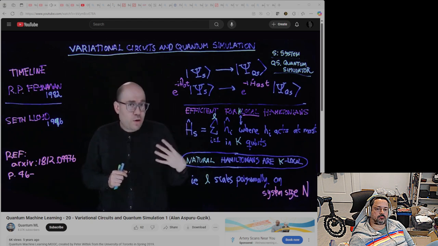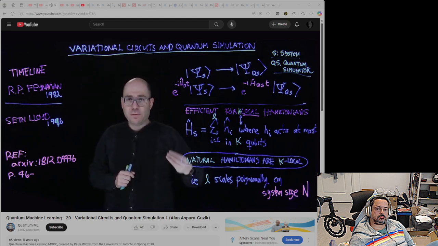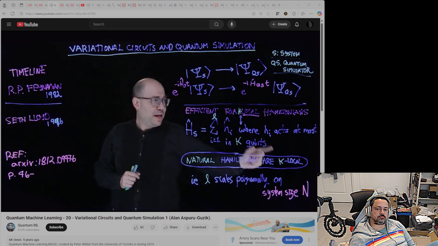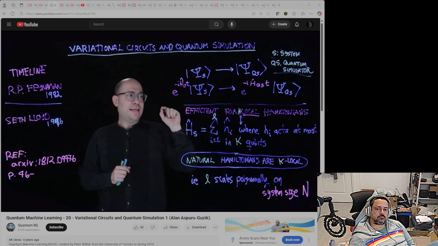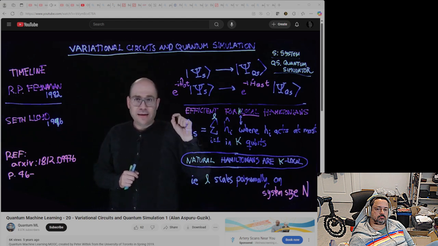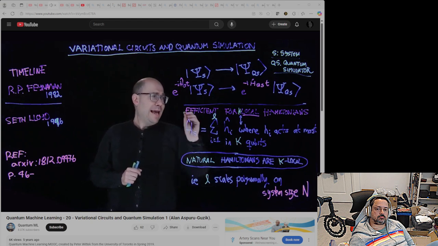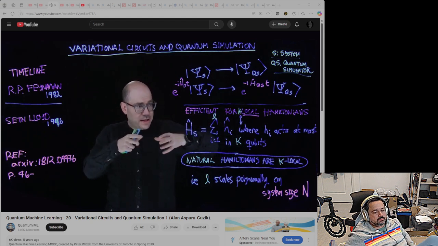So now we're going to go into the mode of a full-blown quantum computer and think of the gate model of quantum computation. First, terminology: I'm introducing here this term k-local. K-local means that an operator is acting on at most k qubits. So a k-local Hamiltonian is a Hamiltonian whose terms each act on at most k different qubits.